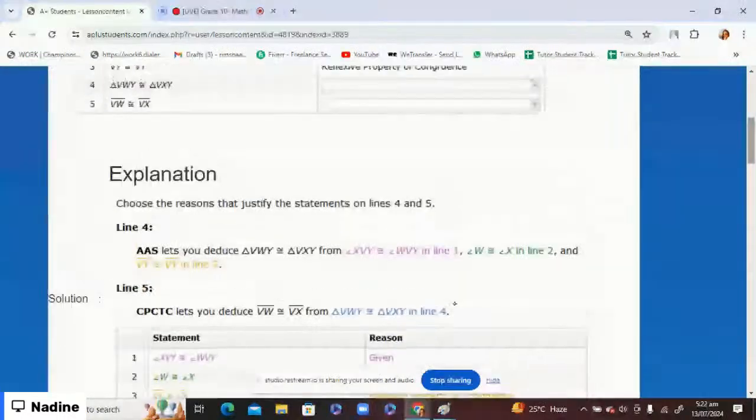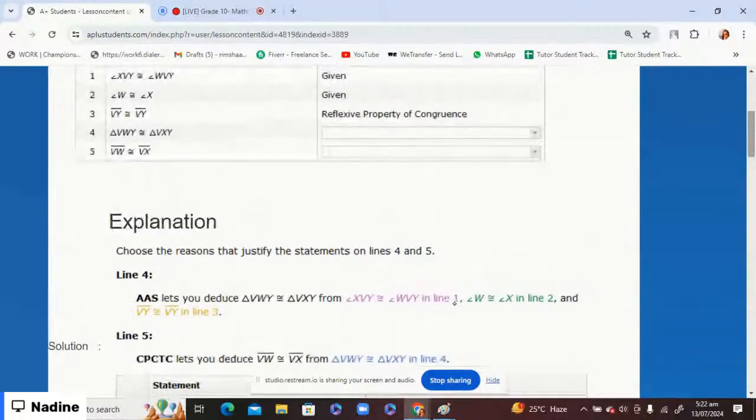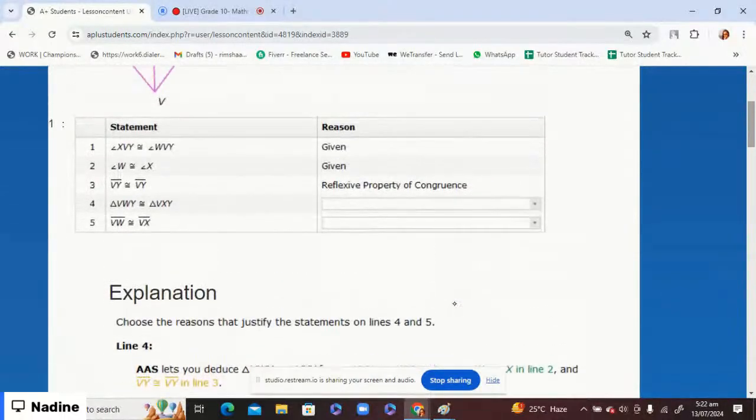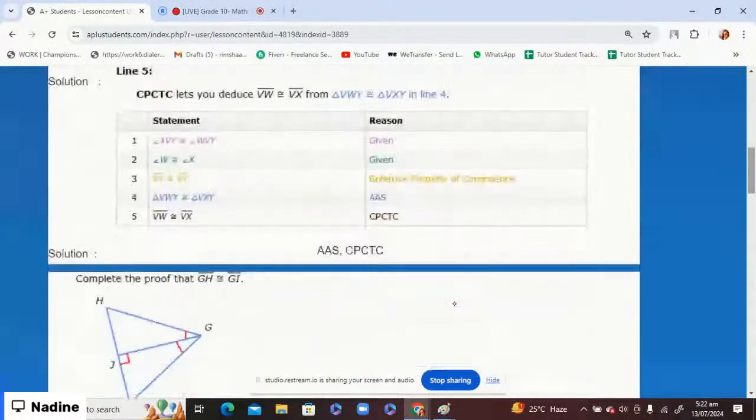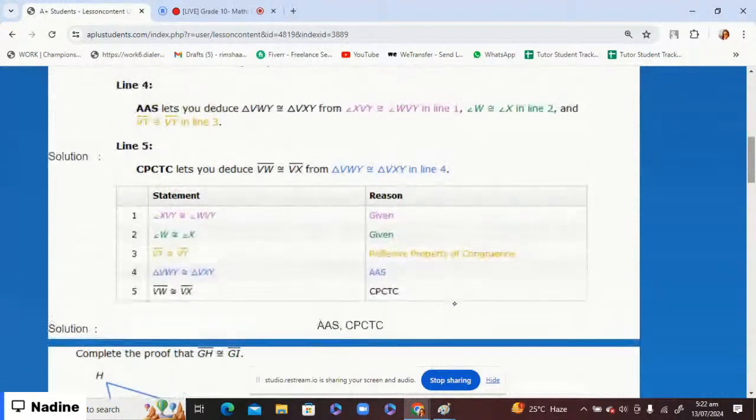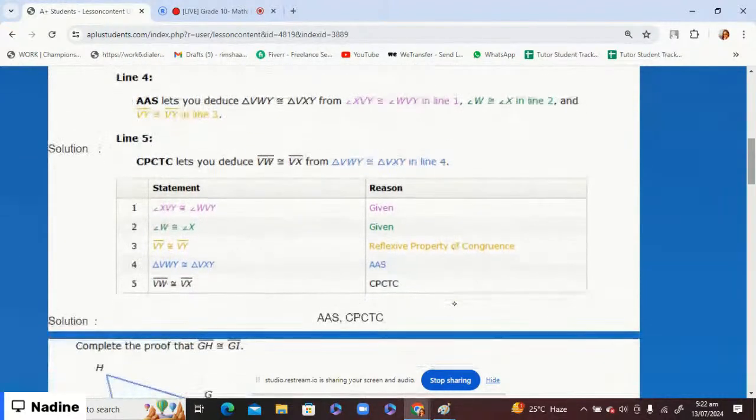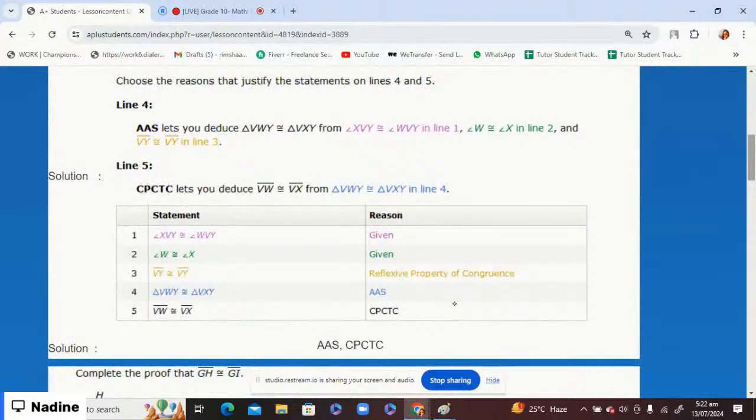So first of all, choose the reason that justifies the statements on lines 4 and 5. In lines 4 and 5, they are saying that the angles of the two triangles are given; angle W and angle X are the same, so it means the reflexive property of congruence.